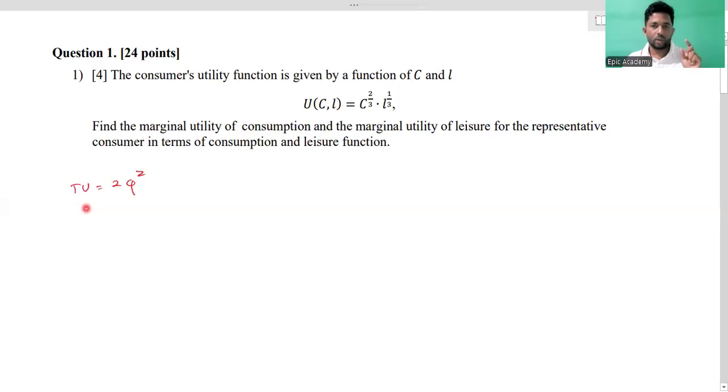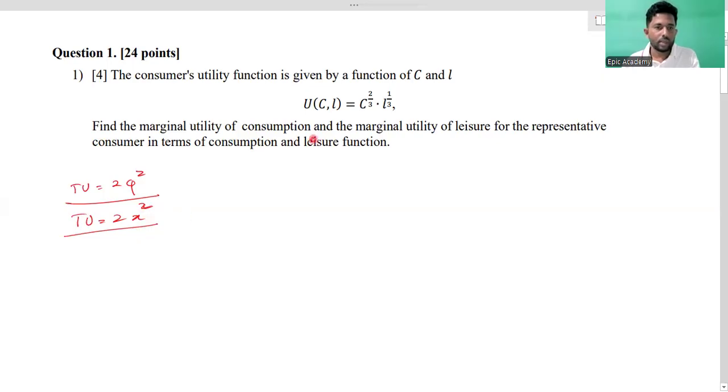It represents the total utility of consuming only X, only Q. It is related to X or Y or anything. So I'm going to write down something like that. TU equal to X. That means this is the total utility of X commodity.